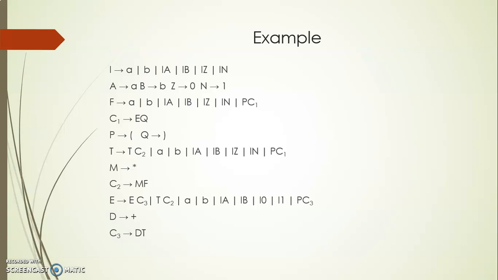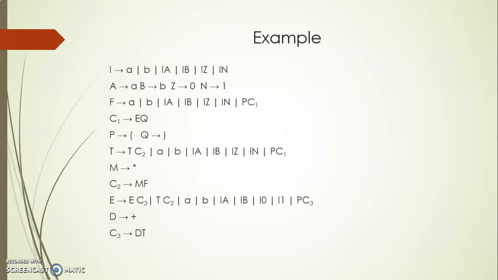When you are asked a problem to convert the given context-free grammar to Chomsky normal form, what are the steps we have to follow? First, you have to check whether there is any epsilon production. If there is any nullable symbol, you have to remove it. Second, the output of that has to be passed as input for the elimination of unit productions.